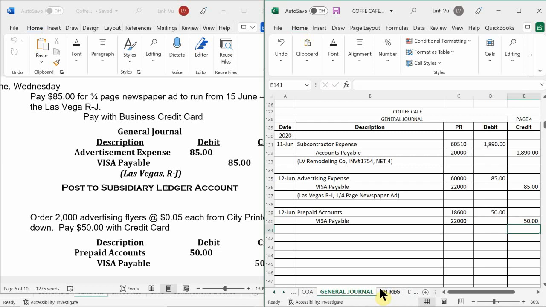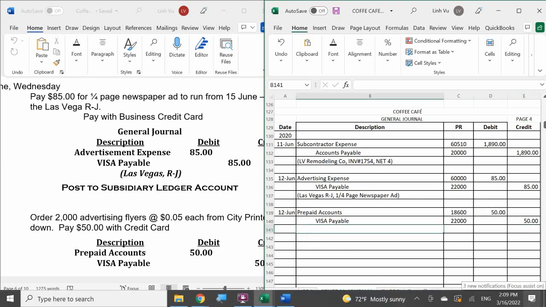So in this case, I didn't pick up my 2,000 flyers yet. I just ordered it. So no advertising expense here. However, you do need to make a note here that you paid City Printers.